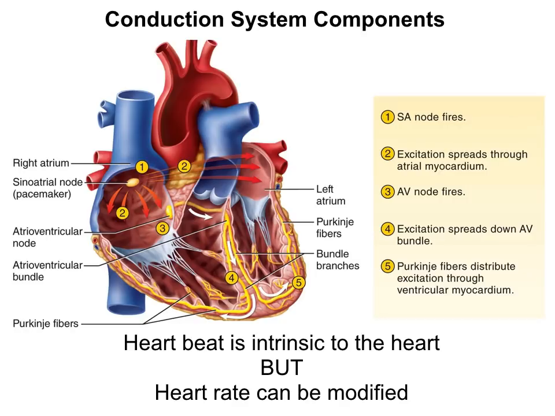Now, you have an interconnecting network in the atria called the internodal pathway. And the internodal pathway is designed to carry the action potential from the sinoatrial node through the wall of your right atrium to your next node, which is called the atrioventricular node.